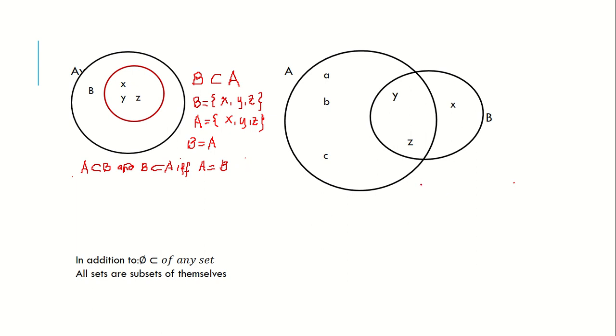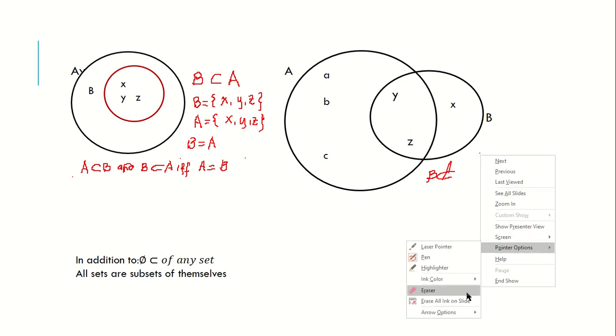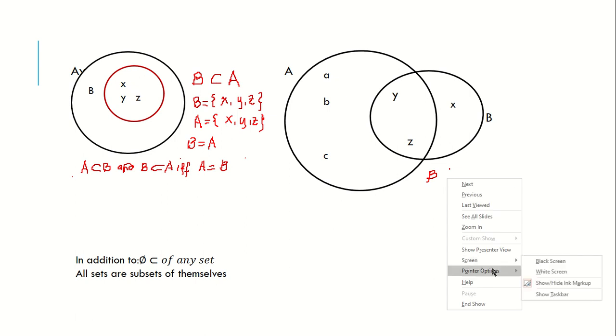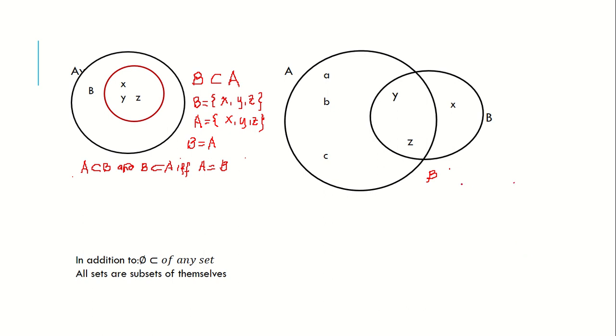In this case, B is not a subset of A. Why? B is not a subset of A because there exists an element in B that is not in A. To become a subset, B must be contained in A. So here it is not a disjoint set, but an intersection of sets as well, because they contain common elements.